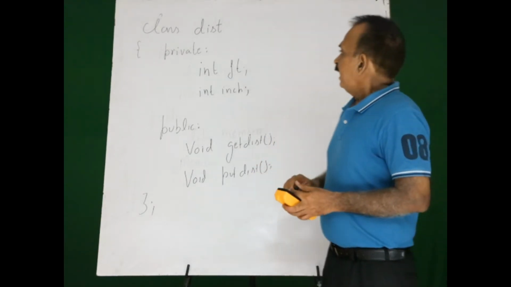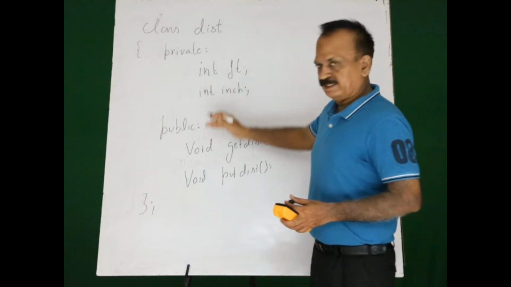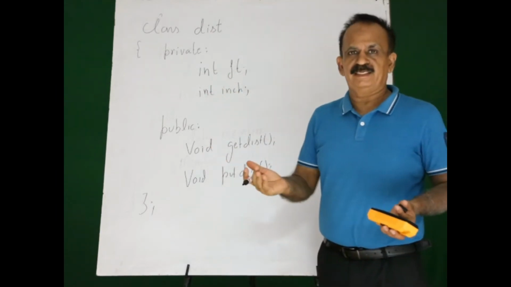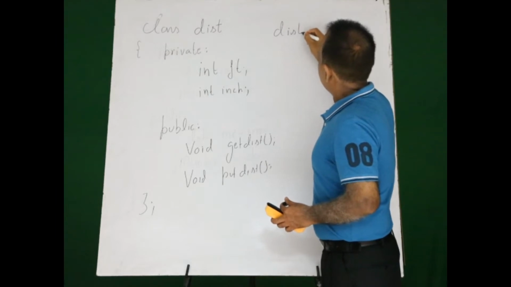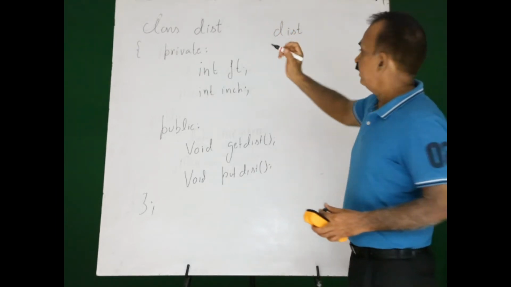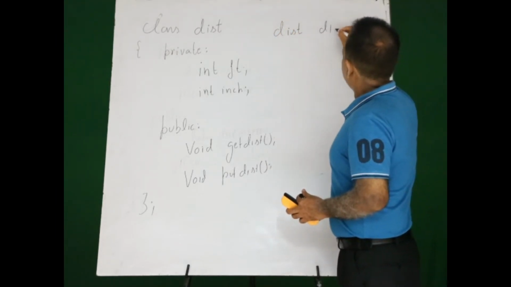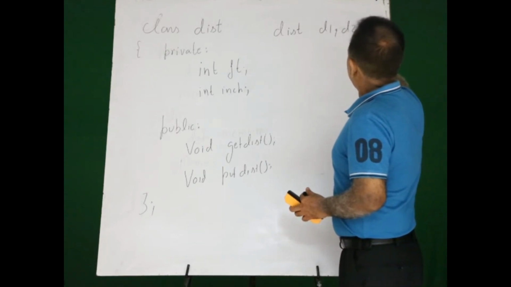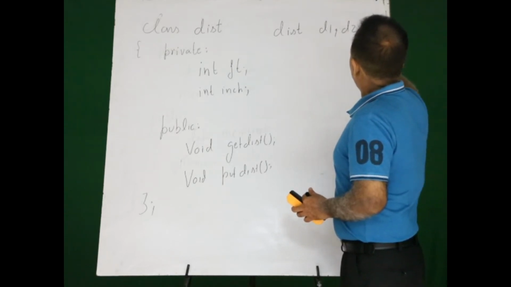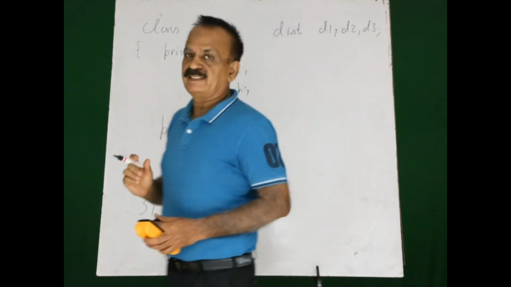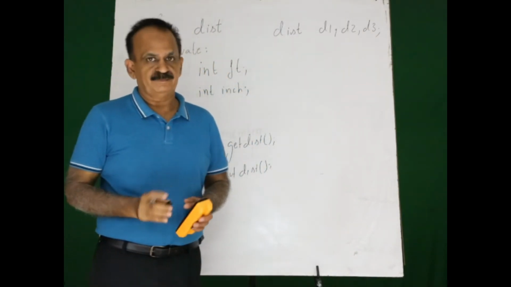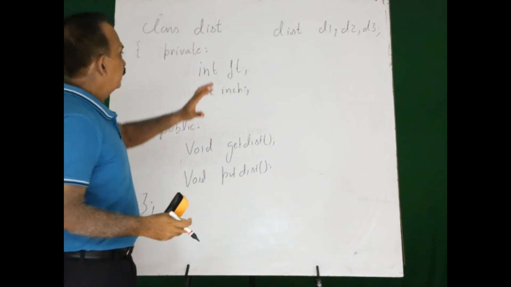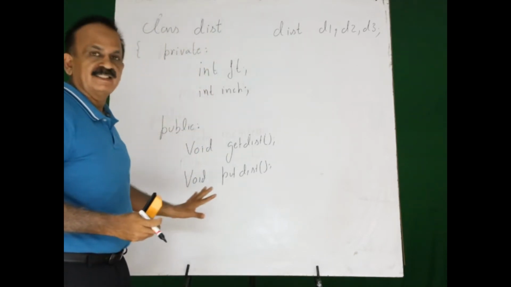Now if I create objects for this, how will the objects be created? First the name of the class, say distance, and then the names of the objects, say D1, D2 and D3. With this declaration I created three distances, D1, D2 and D3. All three will have this basic structure.